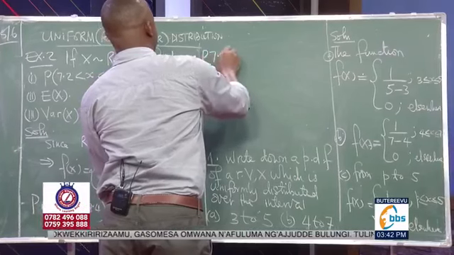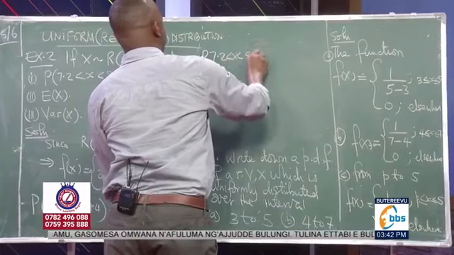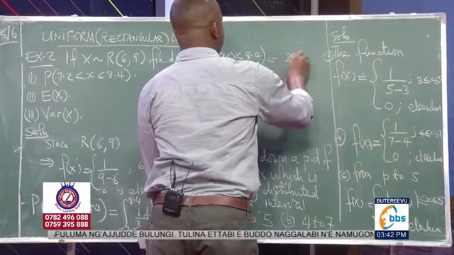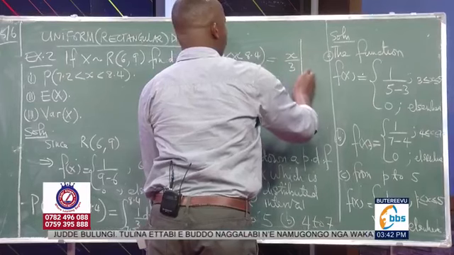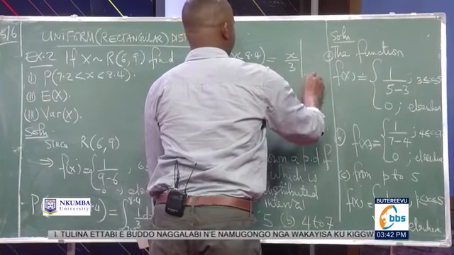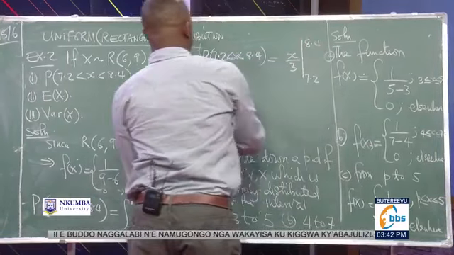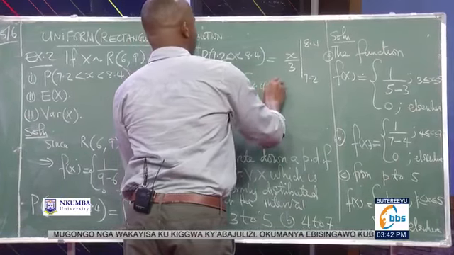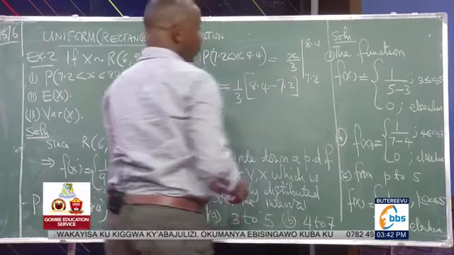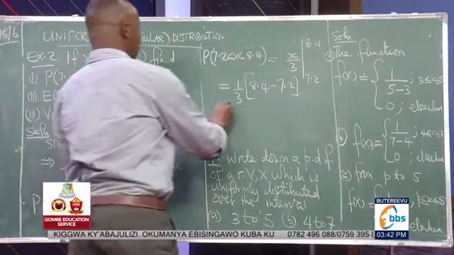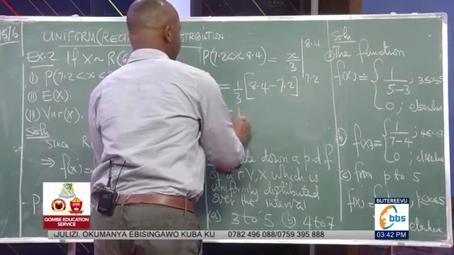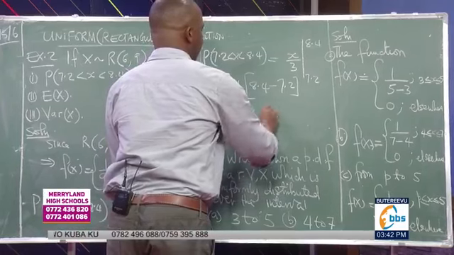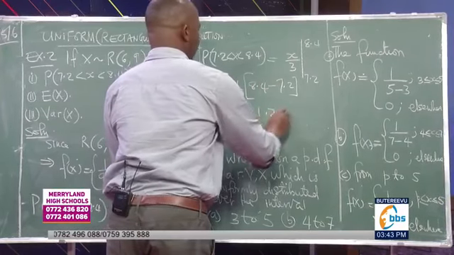P of 7.2 less than x less than 8.4 is going to be equivalent to x out of 3. We put in our limits, 7.2, 8.4. That means that it is a third into 8.4 minus 7.2. When you subtract this, definitely you'll get a third times 1.2.